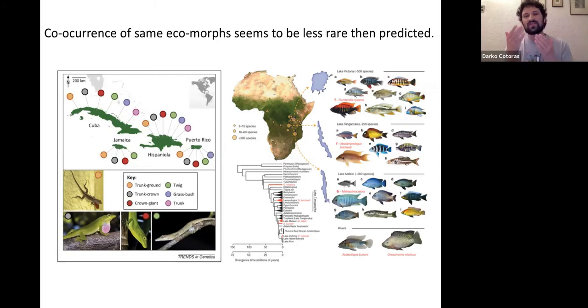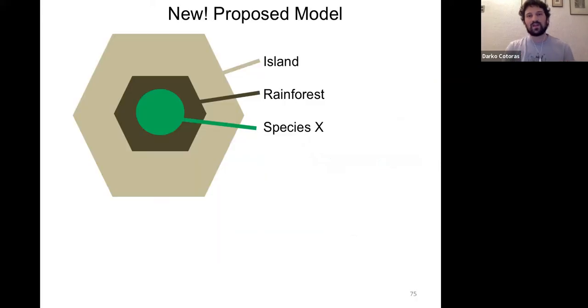Now, the discovery of same ecomorphs coexisting is something that in recent times with other well-studied adaptive radiations like the Caribbean anoles or the East African cichlids appears to be more common than we thought at the beginning. So our finding with the Hawaiian Tetragnatha fits this new set of data to understand the process of adaptive radiations.